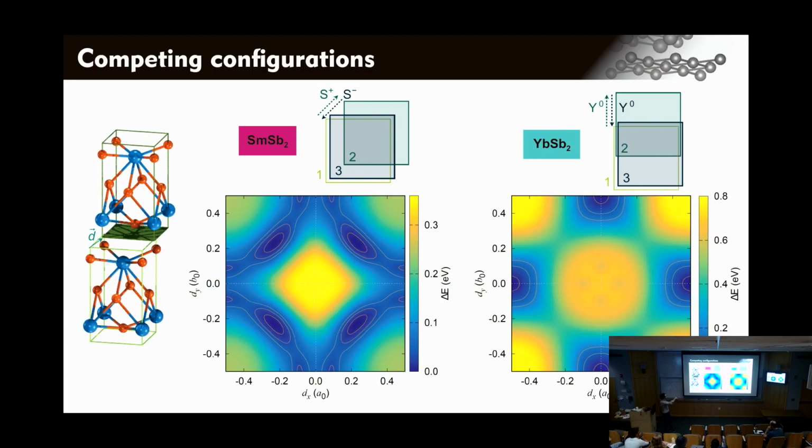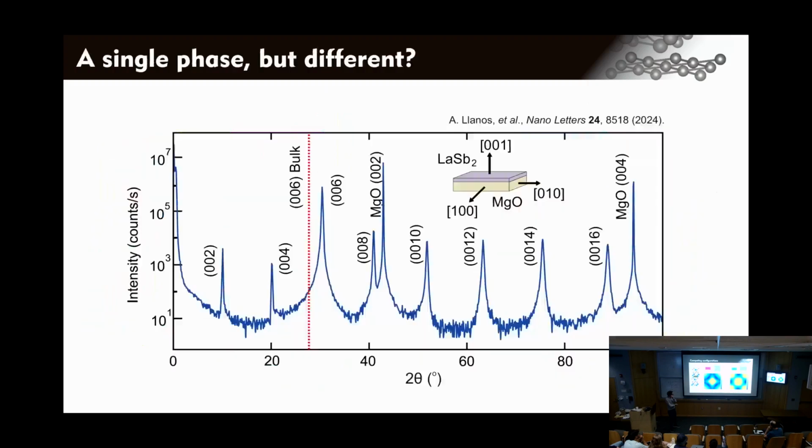For samarium, this is the energy minimum here, which corresponds to a quarter unit cell displacement in X and in Y. That's just showing this diagonal displacement between quintuple layers, whereas ytterbium prefers to be up-down like this. So this is the energy minimum up here. So samarium goes on the diagonal, ytterbium goes up-down. This is the way you think about this stacking, and it is thermodynamically driven. So this is where we are in terms of understanding the crystallography of the bulk.